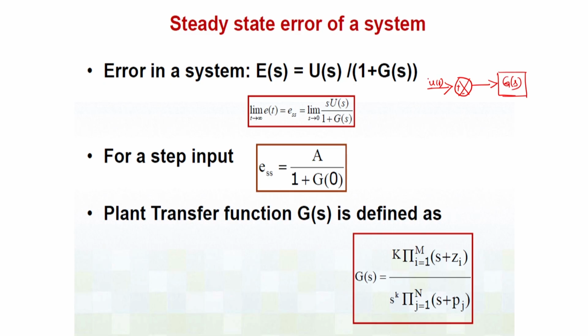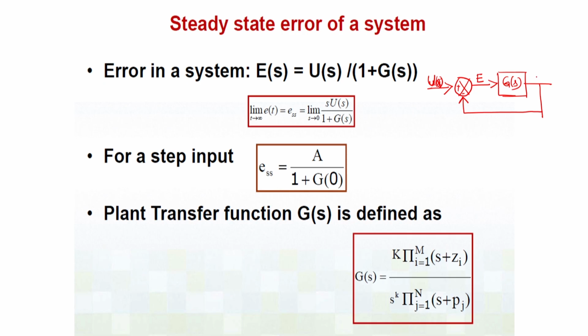You can write this input u in the frequency domain as U(s), and then you take the output out through a unity feedback. That means the H is 1. So, in this case, what is the error E here?